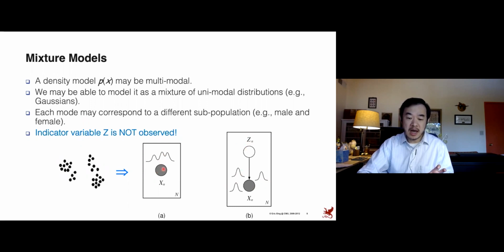So every point comes from one of these 3 Gaussian components. They come from a single mixture model. But if the mixture model has, say, 3 Gaussian components, then we can safely assume that every data point comes from one of the component Gaussians instead of coming from the entire mixture.